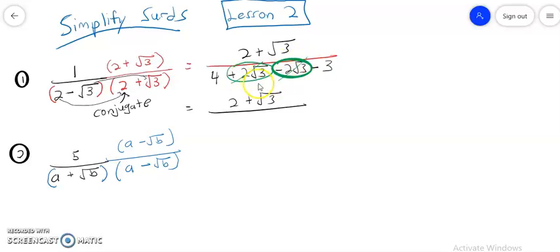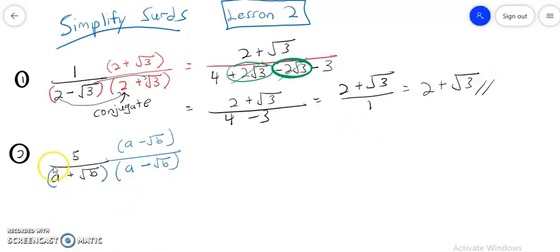Now you have 4 minus 3, and your answer is 2 plus square root of 3 over 1, and you can write it as 2 plus square root of 3, just like that.